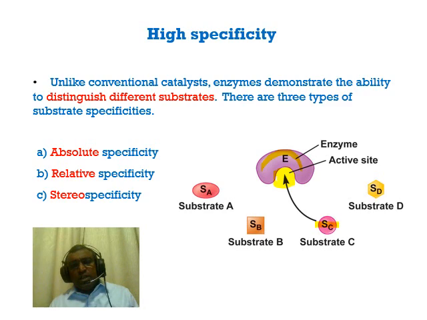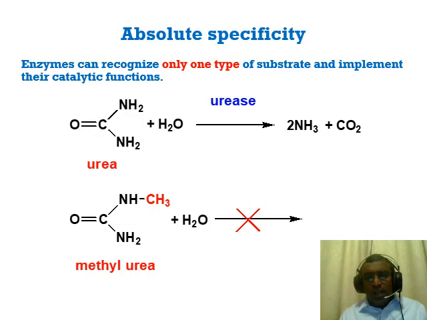So enzymes are very specific, and in terms of specificity, it looks like there are three: absolute, relative, and also stereospecificity, which we will see in a while what is the difference between each of them. This is absolute specificity, so the structure needs to be very similar to the active site in order for it to accept and change it to become product.